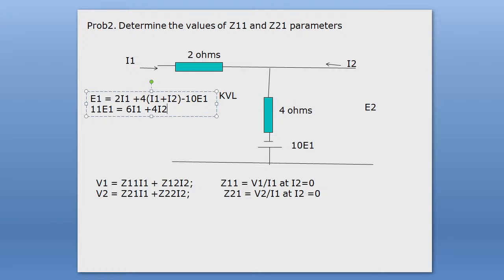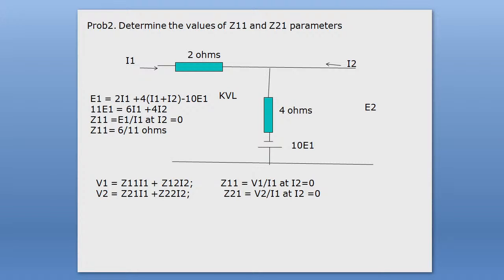You see that Z11 at I2 equal to 0, we can write Z11 equal to E1 divided by I1 at I2 equal to 0. Therefore, Z11 equal to how much? E1 by I1 is 6 by 11 ohms.